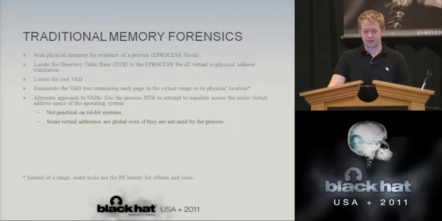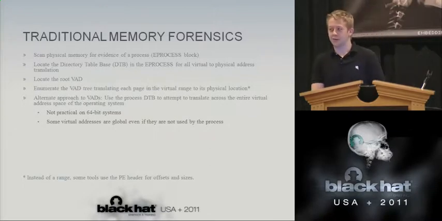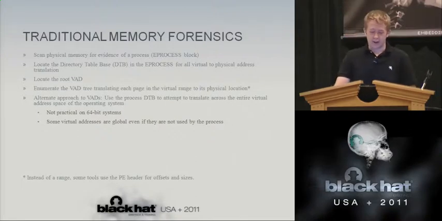In the e-process block, they usually look for the VAD root, which is the beginning of the tree that describes all the process's address space in virtual memory. And they just enumerate the VAD tree to discover all the virtual addresses.